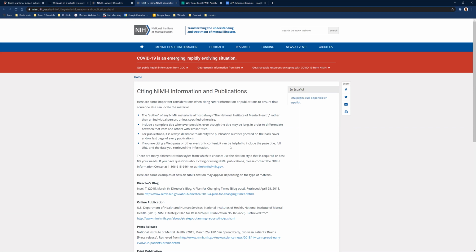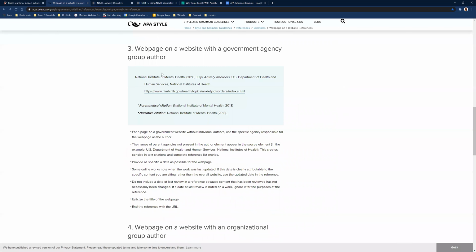And if you're citing the web page, include the page title, full URL, and date you retrieved the information. In this case, it wasn't necessary. The way we are citing it says the most recent update, which was July 2018.